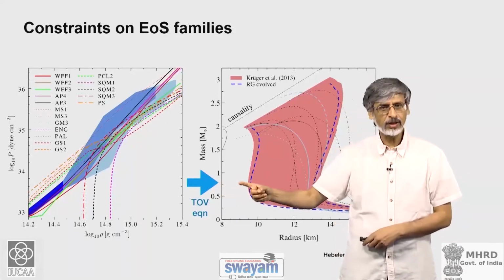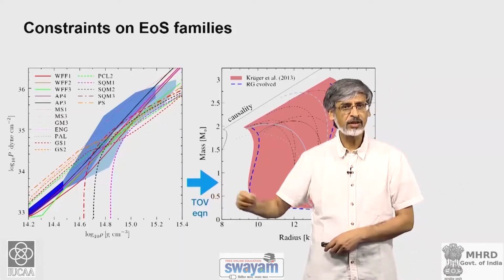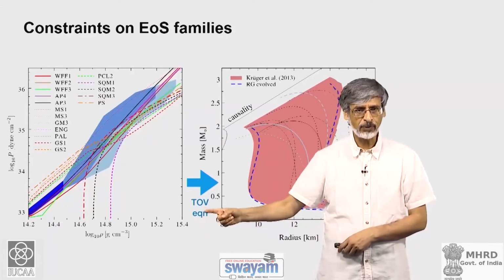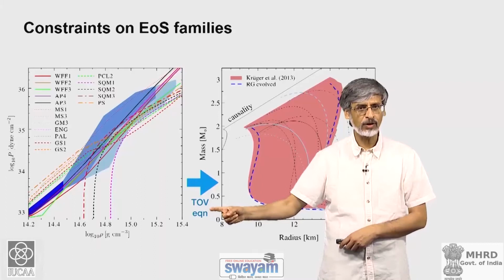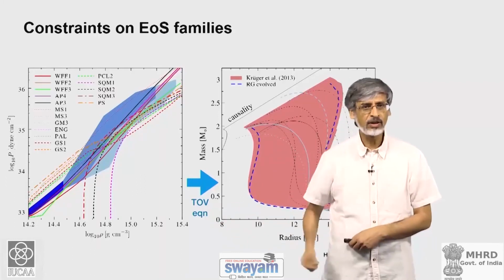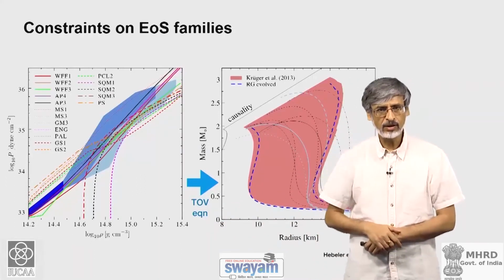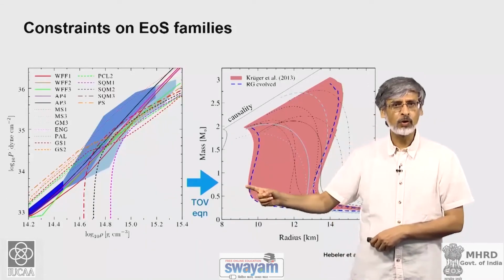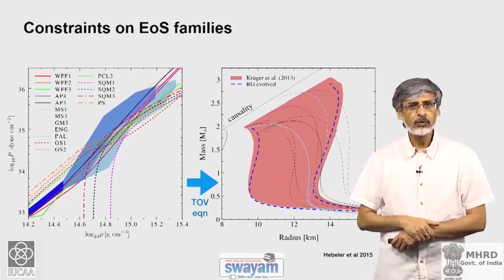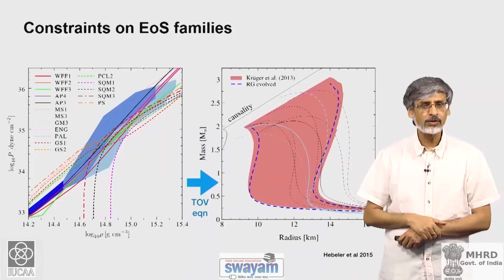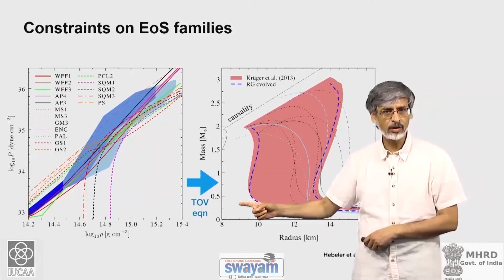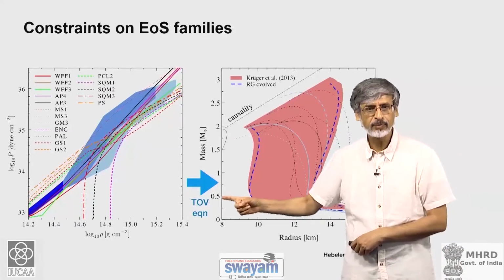If the neutron star is rotating, of course, as we already mentioned in the case of white dwarfs, the TOV equation, which is meant for a spherically symmetric system, is not applicable. One has to use somewhat different formalism, but for most cases we will encounter neutron stars which are not rotating that fast. So, therefore, the TOV equation is still a pretty good approximation.